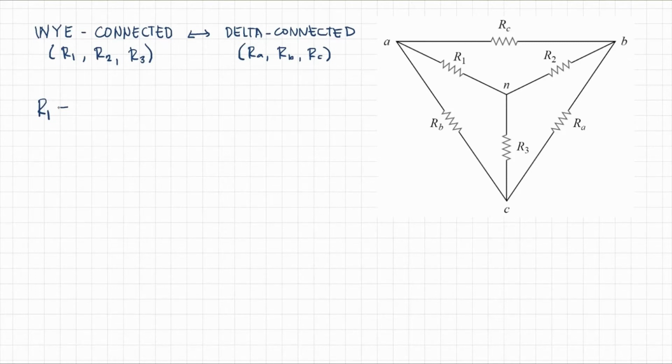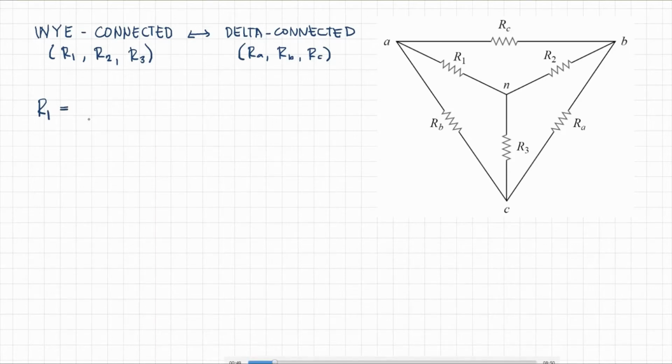So dito, ang given natin would be the RC, this one, the RB, yes, and then the RA. That would be your given values, and we are to look for your R1, R2, and R3. So how can we solve for R1, R2, and R3?